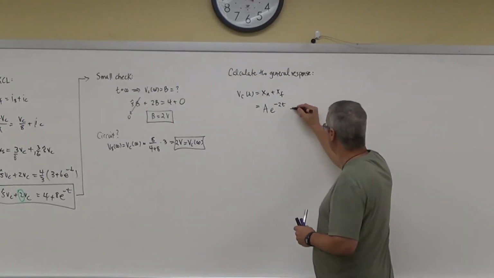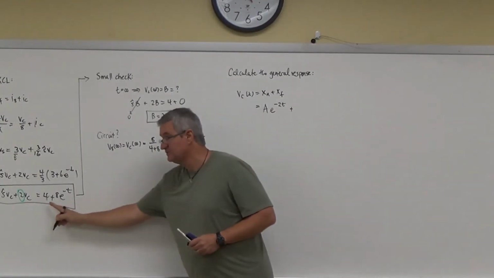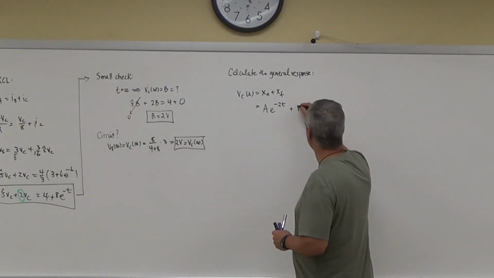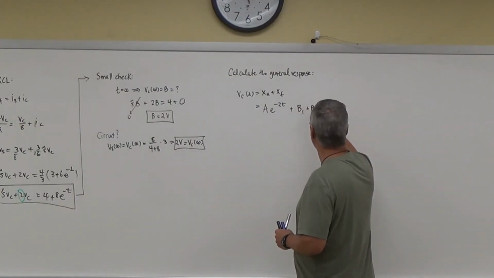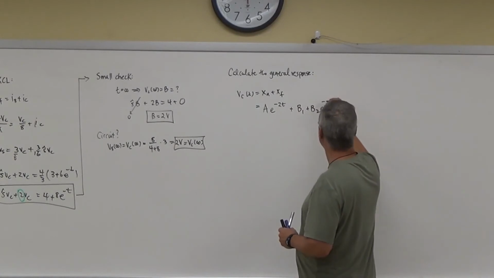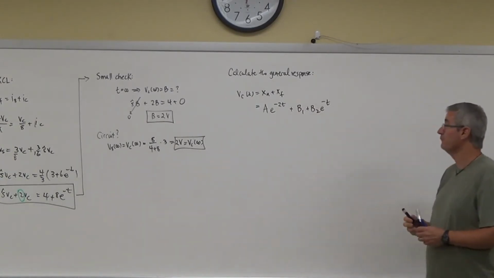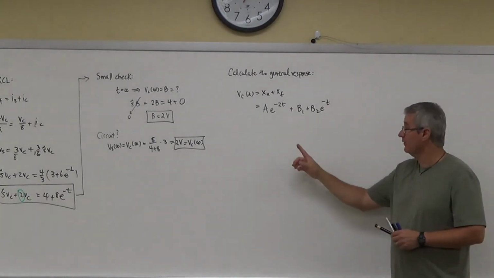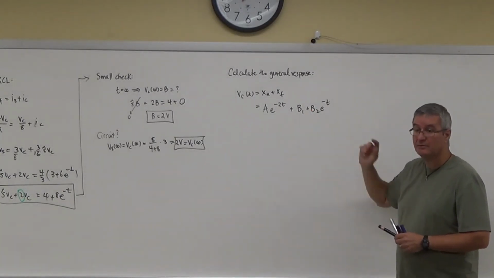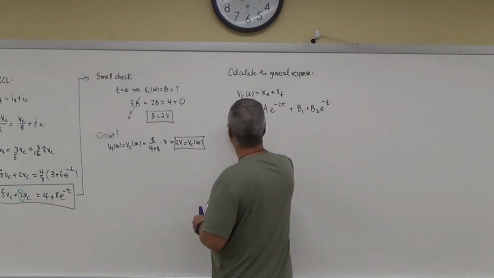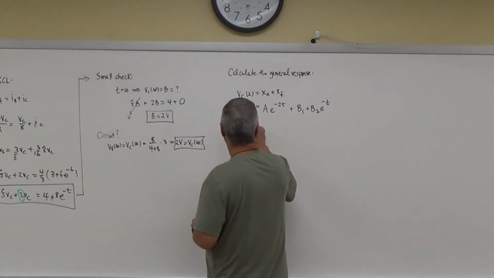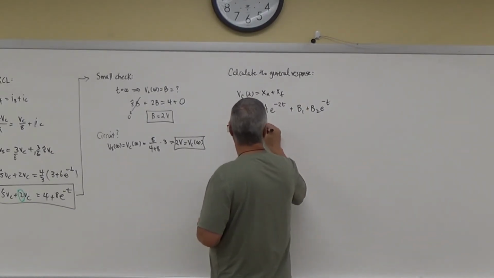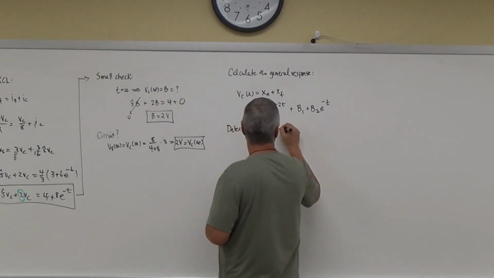Now, I got to get my forced response. The fact that I have a constant and an exponential means it's got to be B1 plus B2 e to the minus t. So now my job is to get B1 and B2. So now we need to determine B1 and B2.